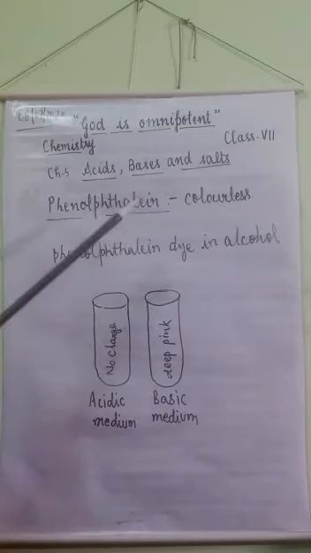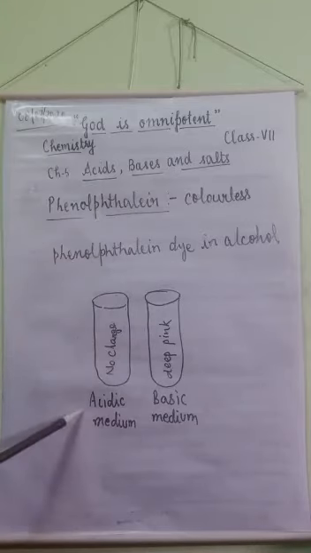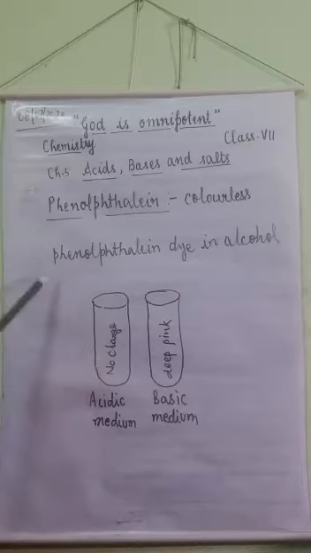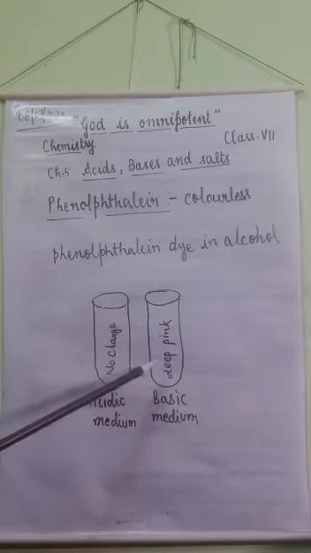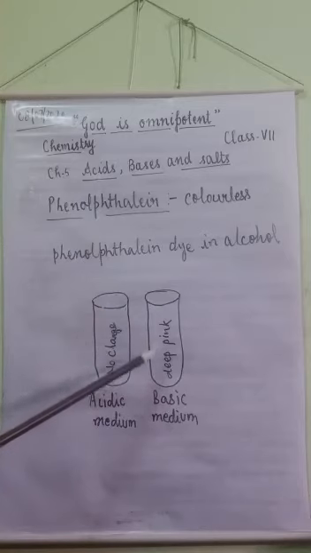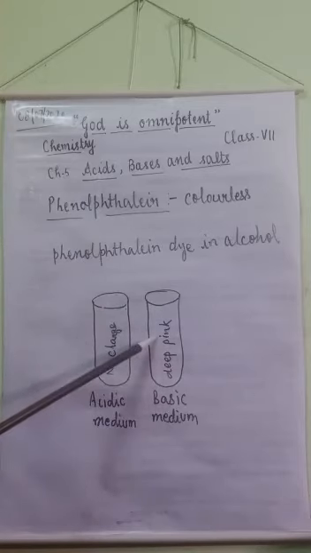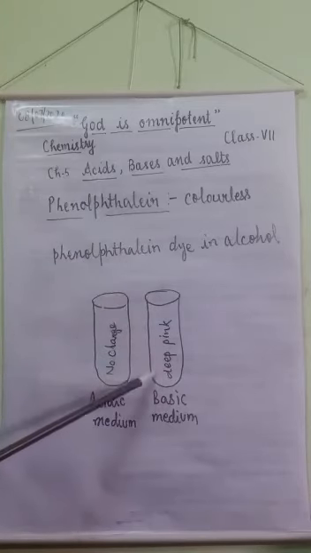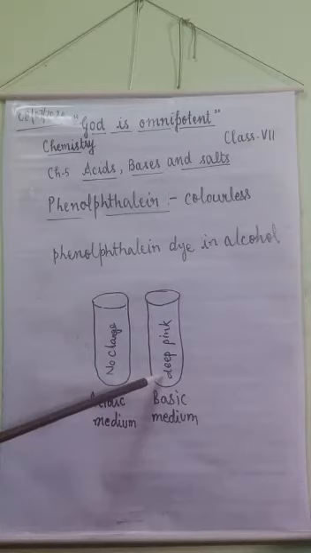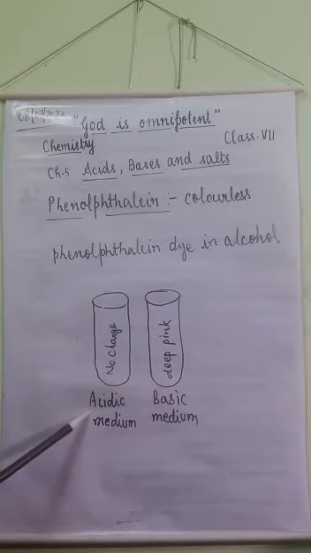When we add phenolphthalein in acidic medium, there is no change in color. But when we add this phenolphthalein solution in basic medium, its color changes from colorless into deep pink. So it decides that the given substance is basic, but there is no effect in acidic medium.